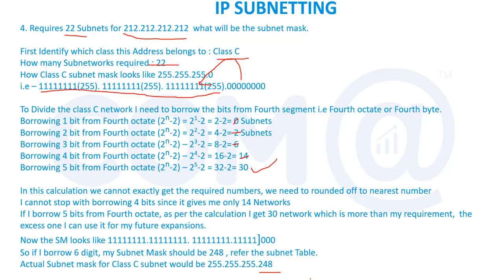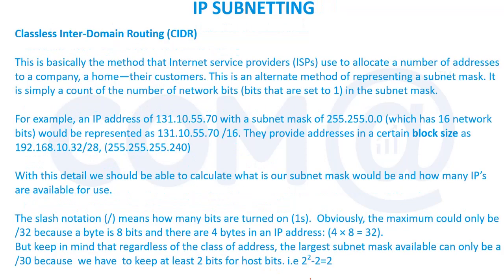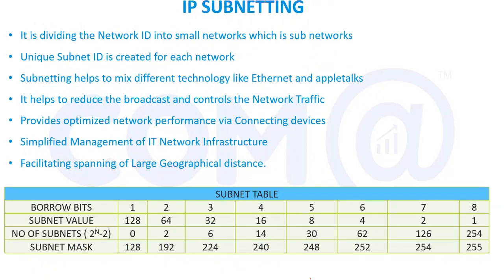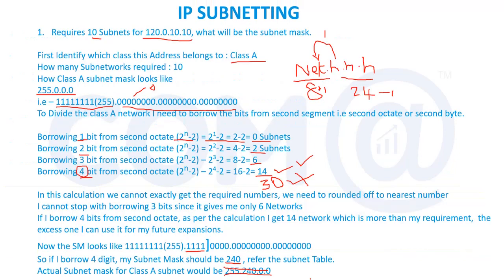Hope this is clear. All these things we are doing based on the subnet table. Hope the subnet table is clear to you. So borrowing 1 bit, 2 bits, up to 8 bits we are borrowing here. Accordingly, the subnet mask will vary based on the borrowed bits.